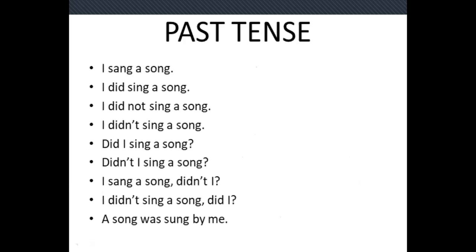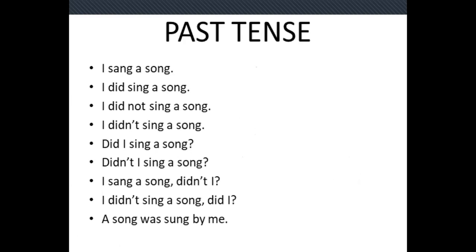Past tense: I sang a song. Look at this example, and we can write it in different forms. If you know just one sentence, what is that sentence? I sang a song. What is the tense? It is past tense. Why? Because subject, sang V2. Sing is V1, sang is V2, the second form of the verb.